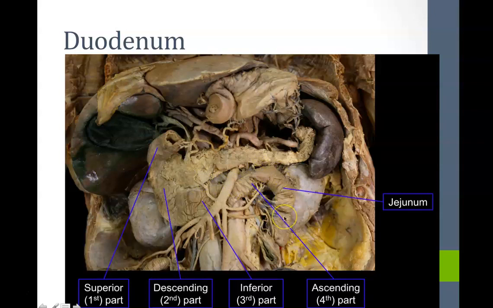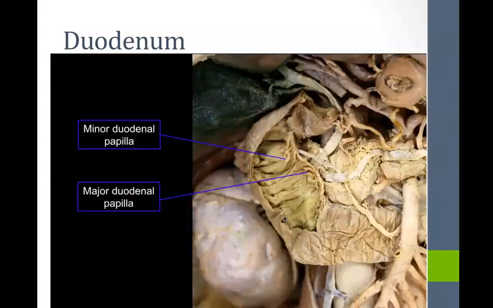So the jejunum, the way you will identify this in the cadaver lab is that it would be in the left upper quadrant of the abdomen. I will place a portion of the intestines there, and that is how you will identify it. Now let's take a closer look at the duodenum here.